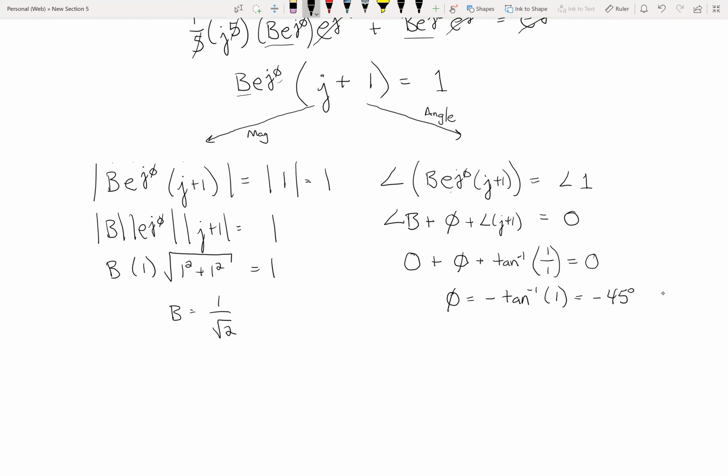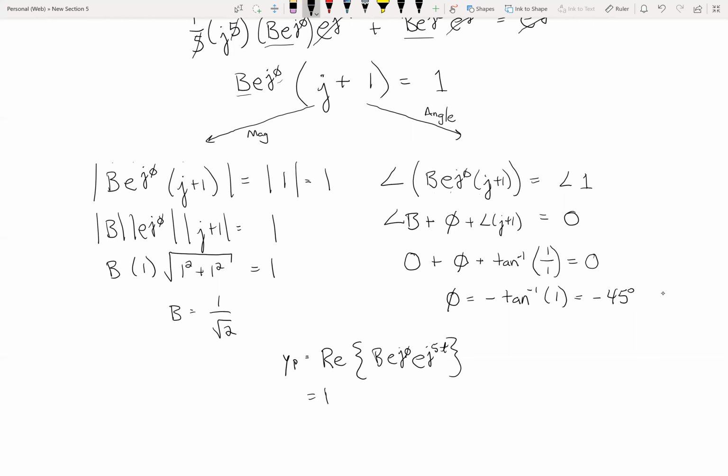Okay? All right, so we've determined that yp, the complex phasor here, is, remember, real part of b e to the j phi, e to the j 5t.